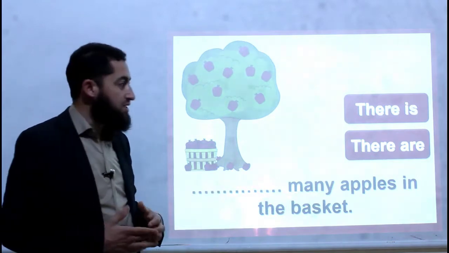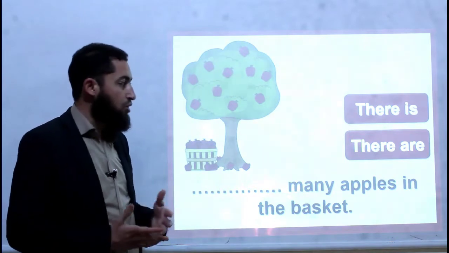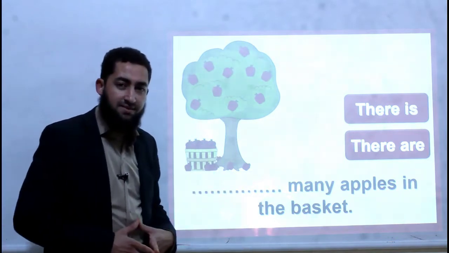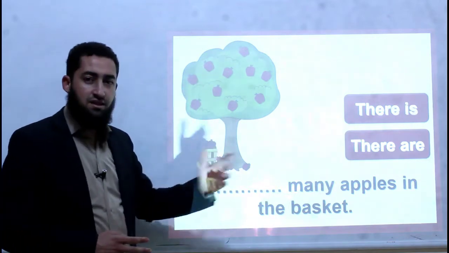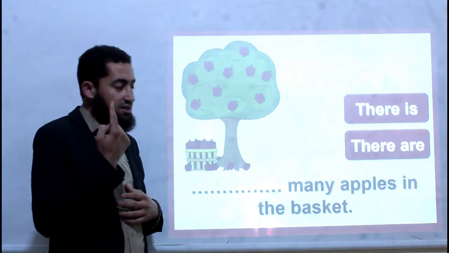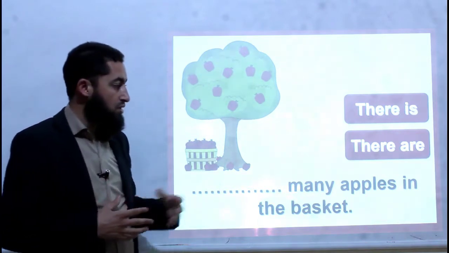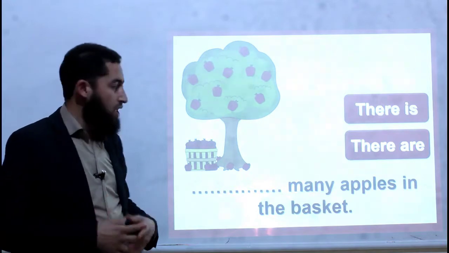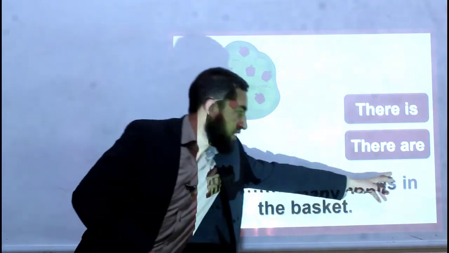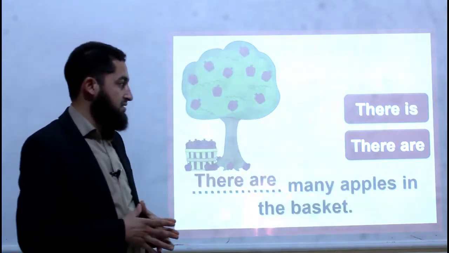So are we going to say there is many apples in the basket, or there are many apples in the basket? So we have is, are. Is for singular, and are is for plural. So we are going to say there are many apples in the basket.